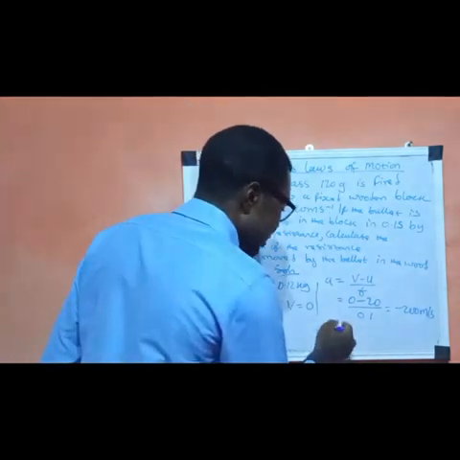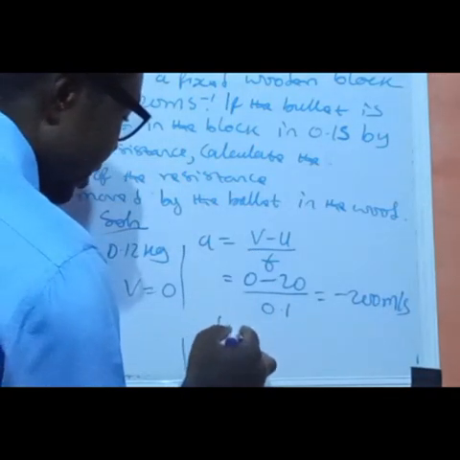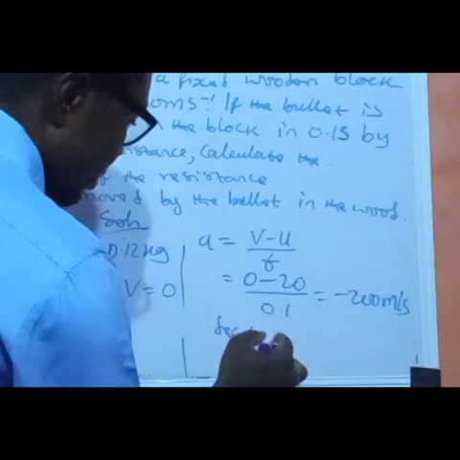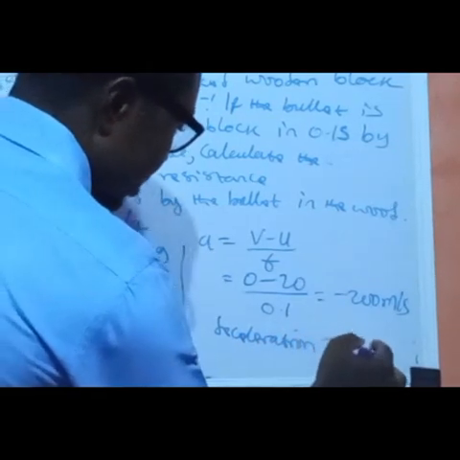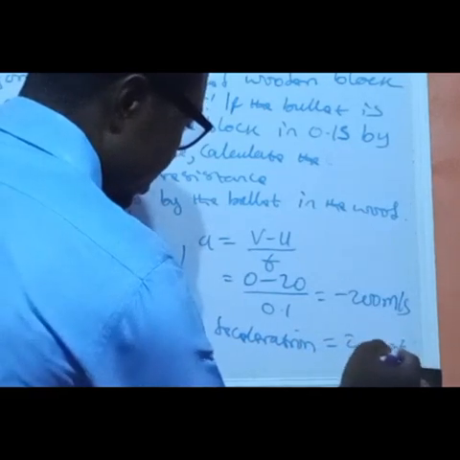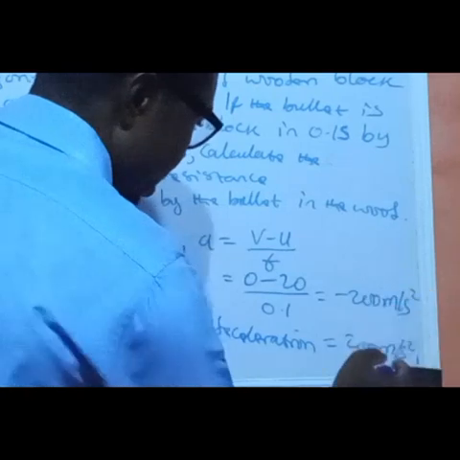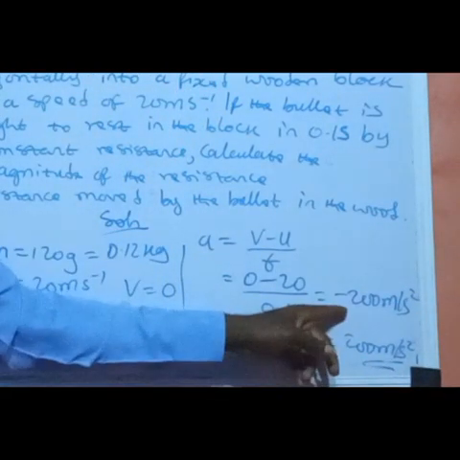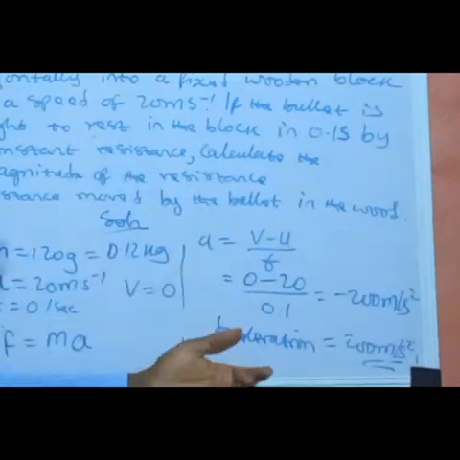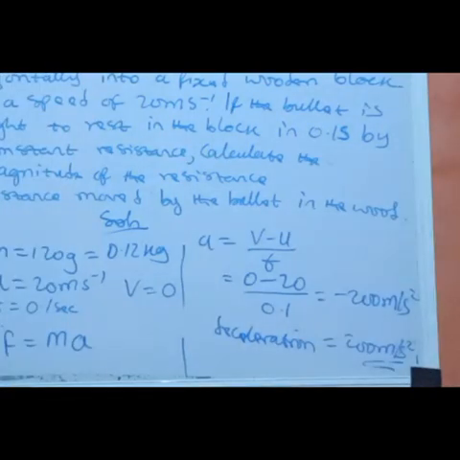So the deceleration or retardation is equal to 200 meters per second squared. This negative is only indicating that there was a decrease in speed, not an increase in speed.